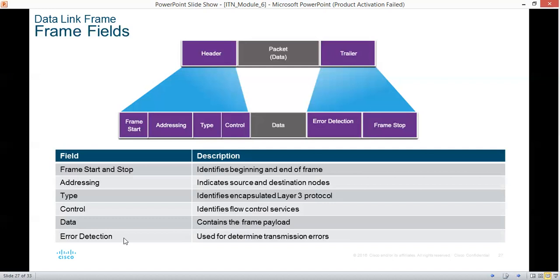So it's the data link layer that detects your error. But the transport layer, which is layer 4, does what we call data integrity. So your layer 4 helps you to maintain the integrity of your data in the course of transmission.